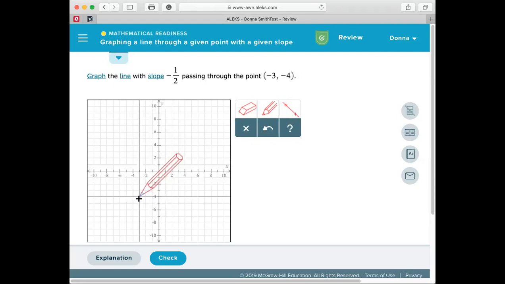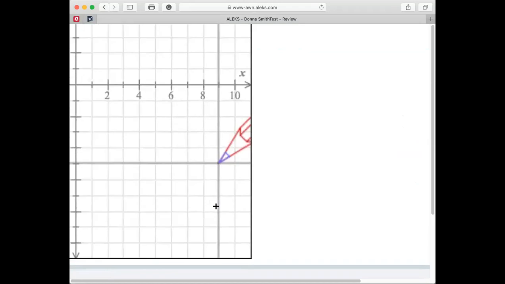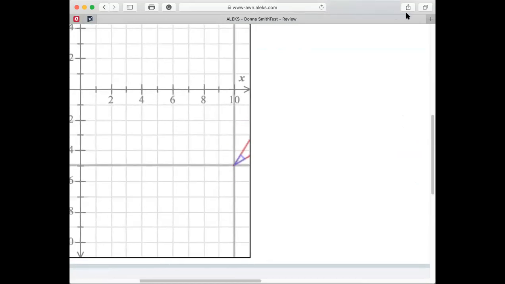So I'm going to go down 1, and then the run was 2. So since it's a +2, you're going to go 2 to the right. 1, 2. Now I'm going to plot my point. I'm going to use the annotate tool just for you to see, again, that rising and running.